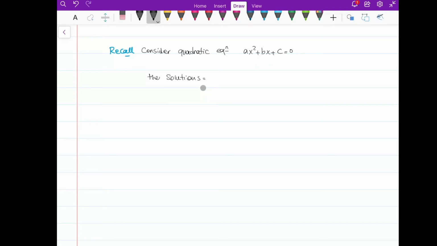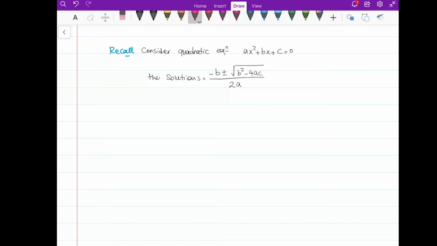That's what I mean by this. It would be negative b plus or minus the square root of b squared minus 4ac, divided by 2a.